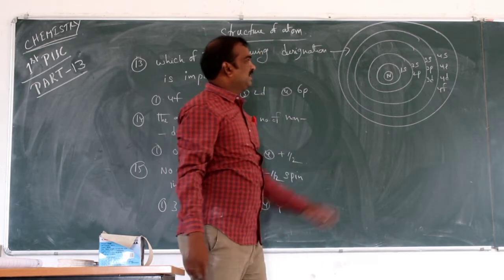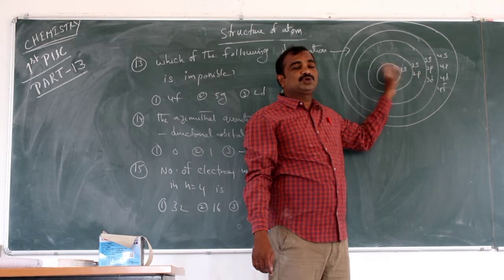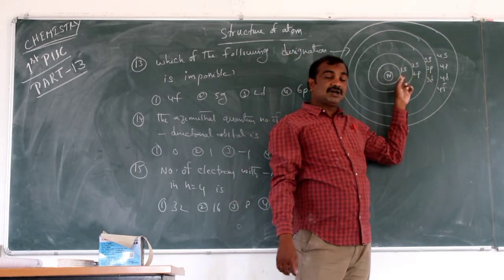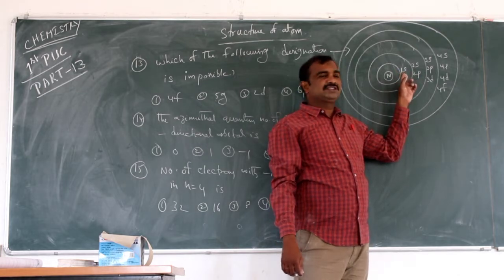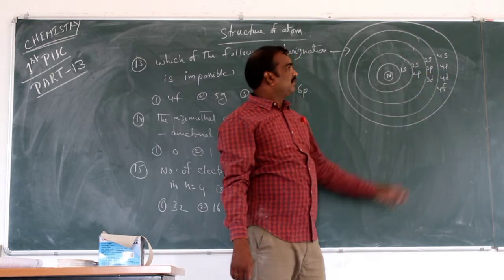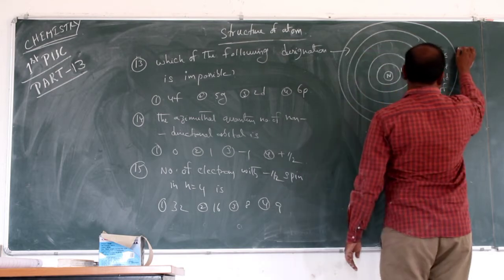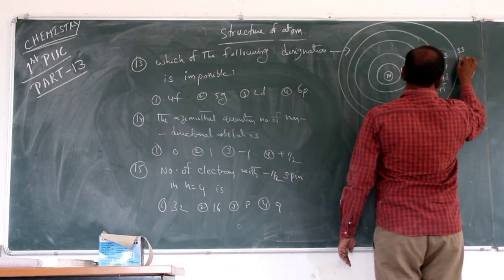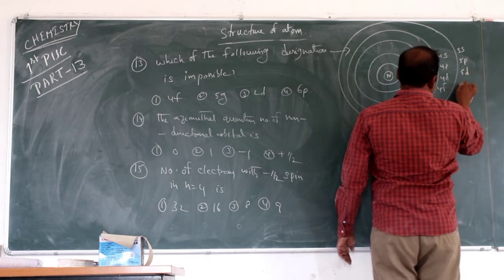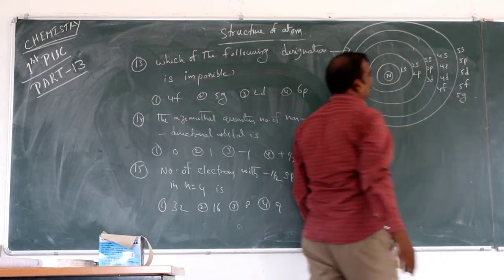In the first orbit, 1s is there. Second orbit, 2s, 2p. Third orbit, 3s, 3p, 3d. Fourth orbit, 4s, 4p, 4d, 4f. What about the fifth orbit? 5s, 5p, 5d, 5f and 5g.